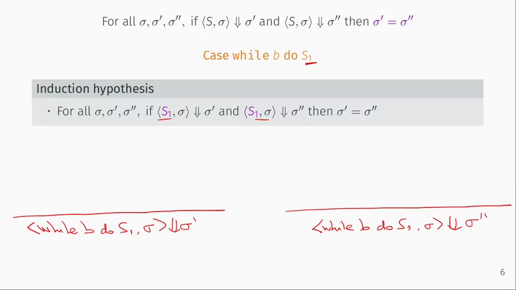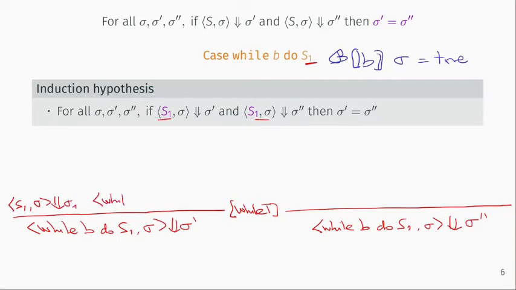Now let's focus on the case in which the condition of the while loop under state sigma is true, which is the interesting one. So in this case we have to apply the rule while t in both derivations. In the first one, it means that we have to execute the body of the loop under the state sigma, and we get some intermediate state, let's call it sigma 1, and from this state we have to execute the whole loop again until we reach sigma prime.